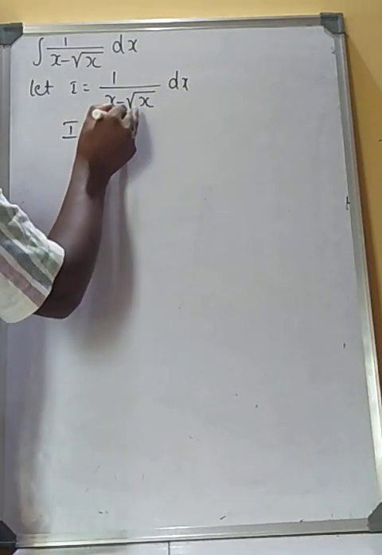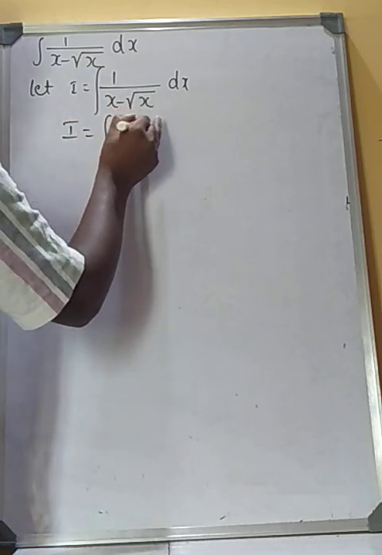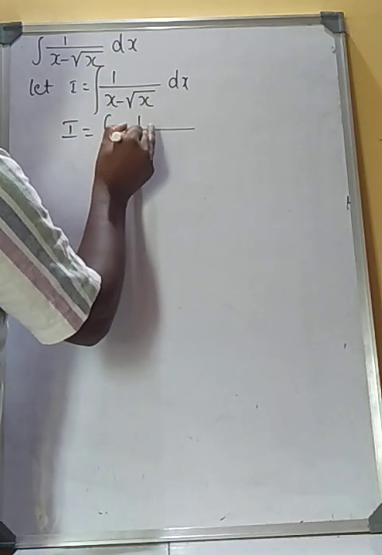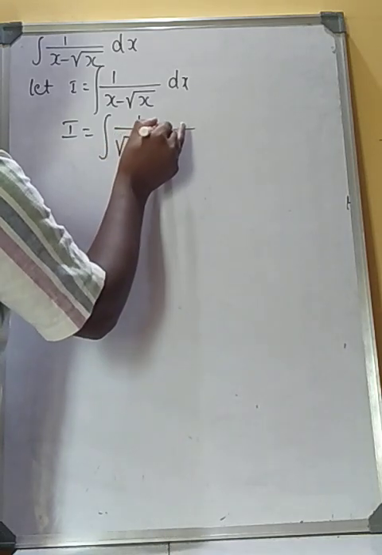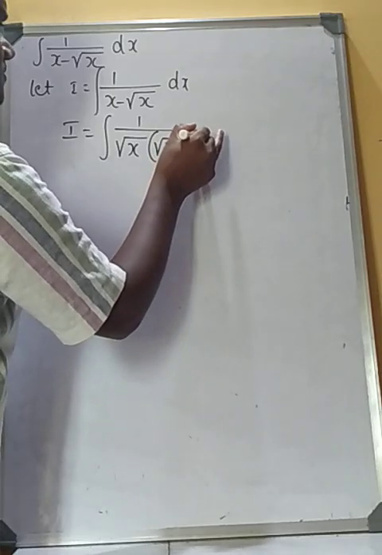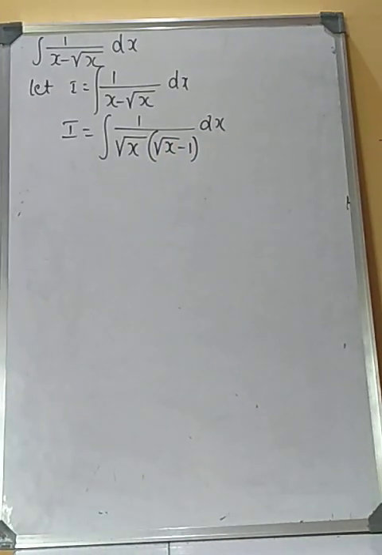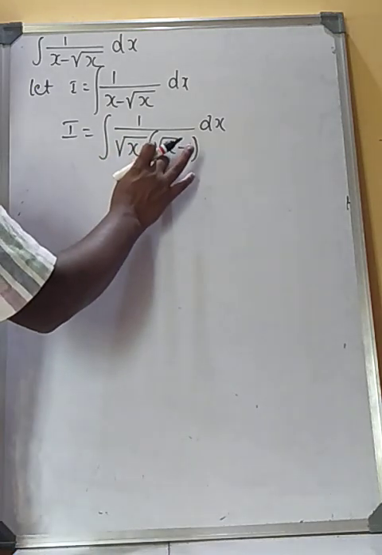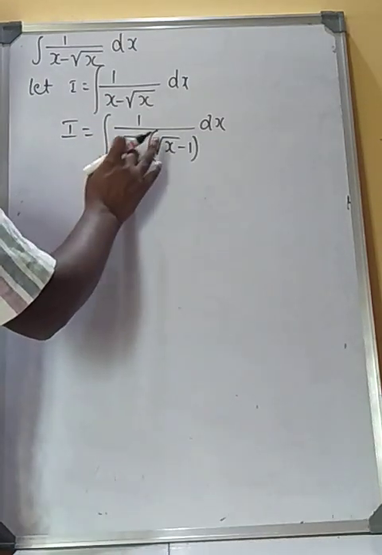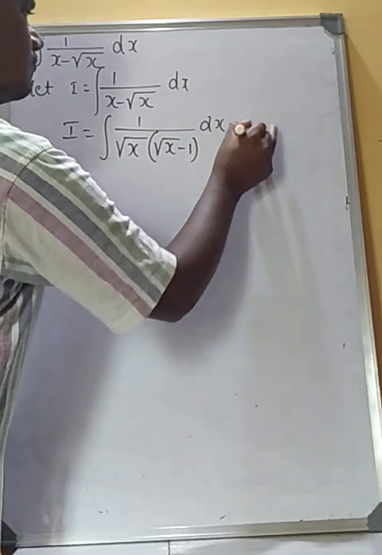Therefore, I is equal to the integral of 1 divided by, take common root x, in bracket root x minus 1 into dx. Root x into root x is x, minus root x into 1 is root x.